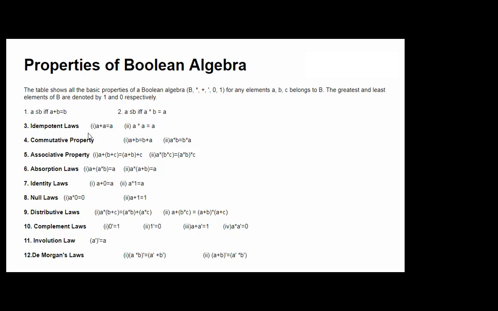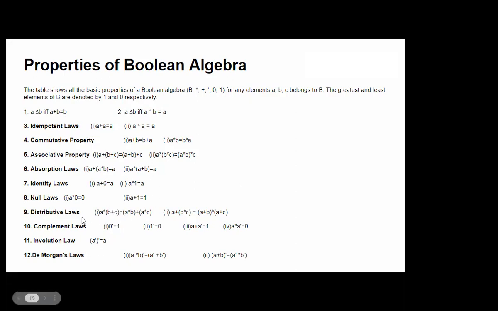Then idempotent law: A or A is equal to A, and A and A is equal to A. This is known as idempotent law. Then we can also solve it with the help of truth tables, the easiest way to go, to prove all these properties.